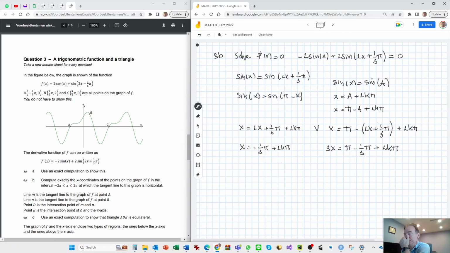So the second one becomes a little bit messy. So I get, sorry, what did I do here? This is a plus. So I get a 4 over 3 pi here. Uh, 3x.